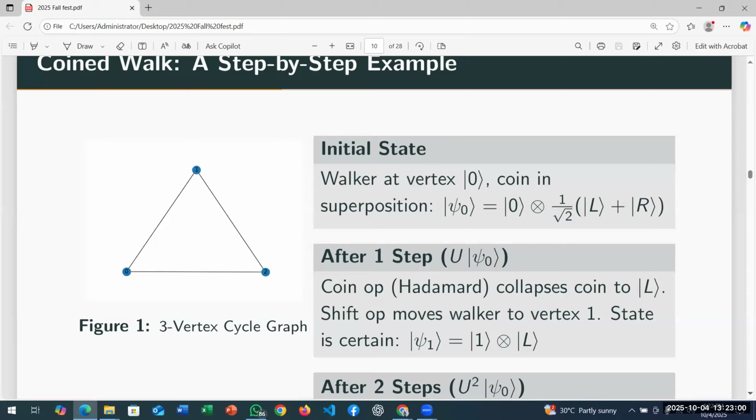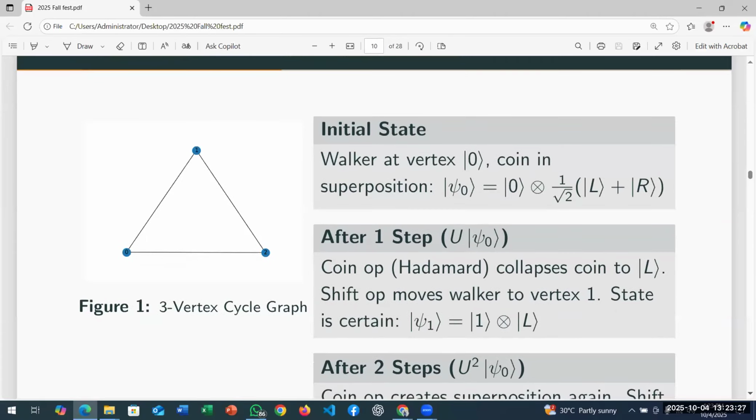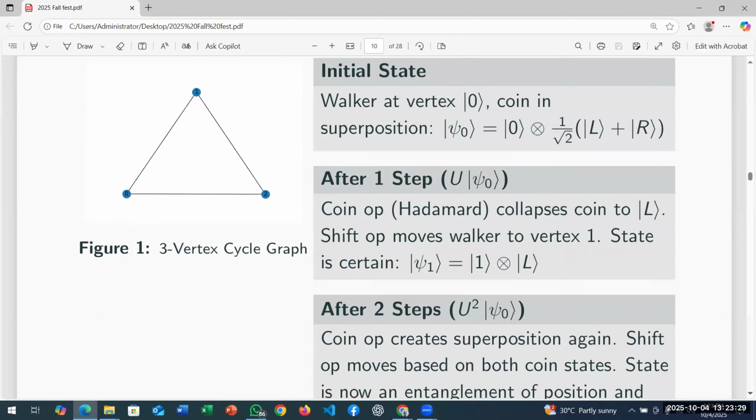Before any decision can be made, the coin operator is applied. I said earlier that we have different coins that we can use depending on our choice. Here, Hadamard is used as the coin operator. Then after this process, step 1, let's see what happened.